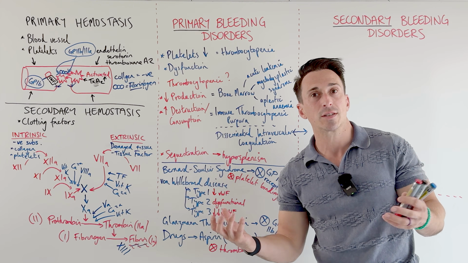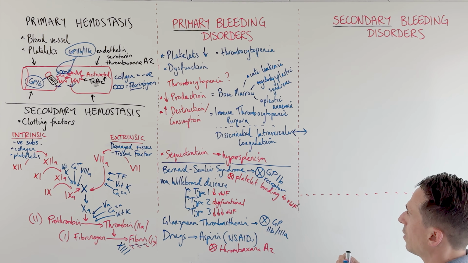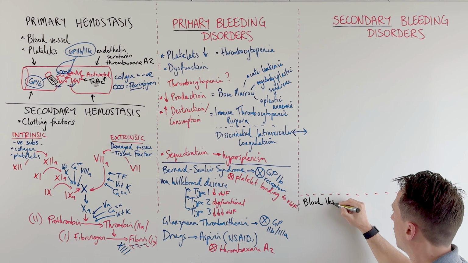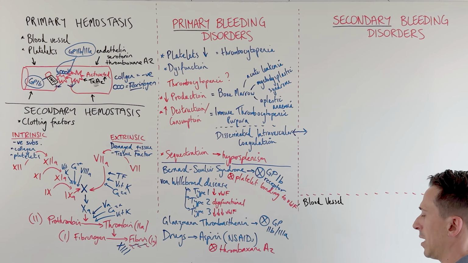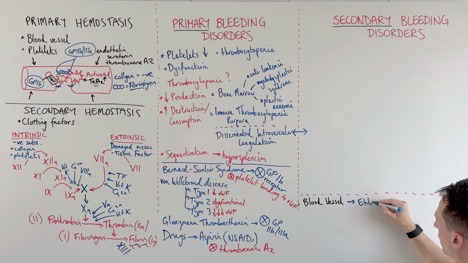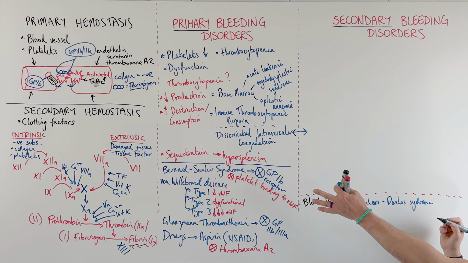So this could be Ehlers-Danlos syndrome, right? So if we write blood vessel issues, it could be things like Ehlers-Danlos syndrome. That's an issue with collagen, right?